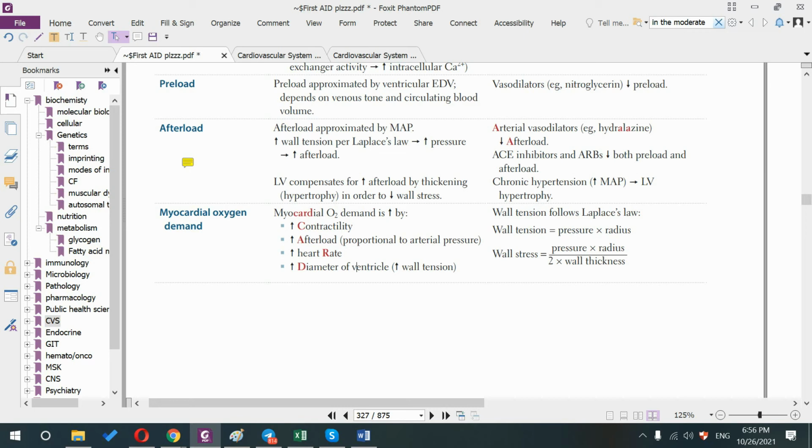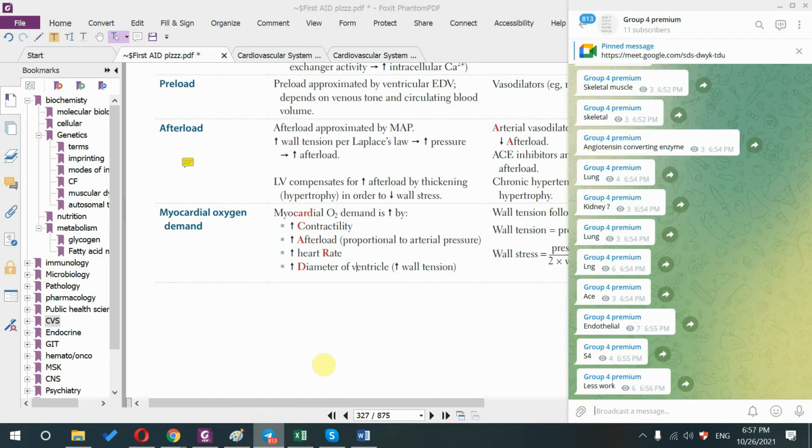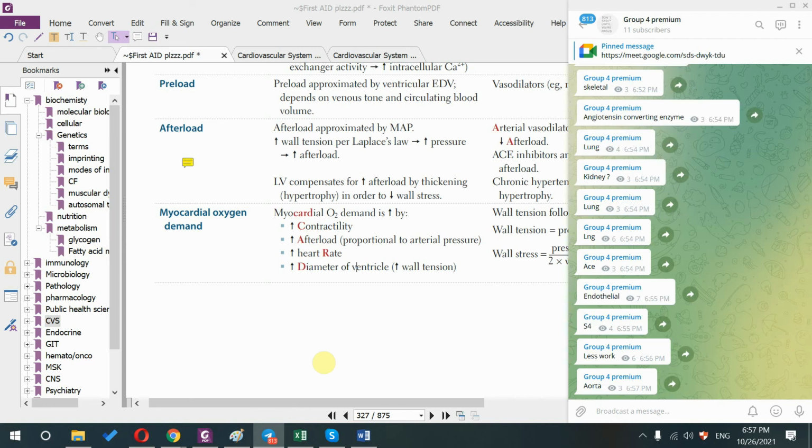The next thing is an increase in the afterload, which also increases the myocardium work, which increases the myocardial oxygen demand because the heart has to push harder against that increased afterload. So it's proportional to the arterial pressure. So the higher the arterial pressure, the higher the afterload. And do you remember which vessel is mainly responsible for the afterload? Is it the aorta?